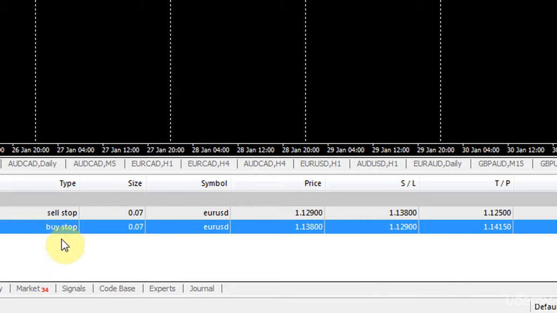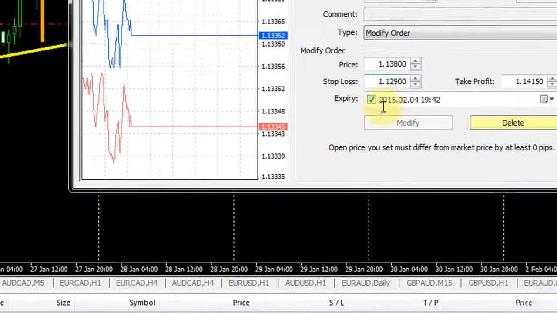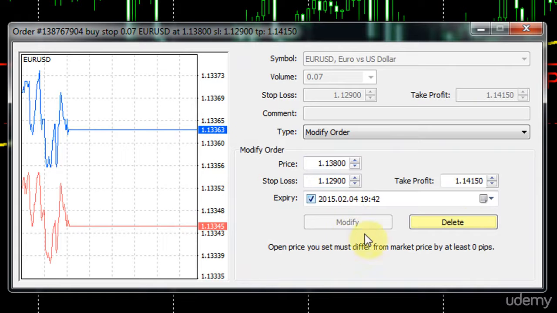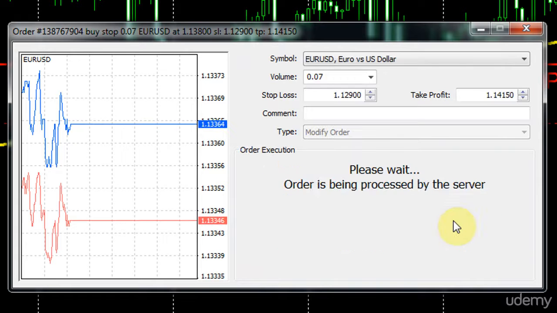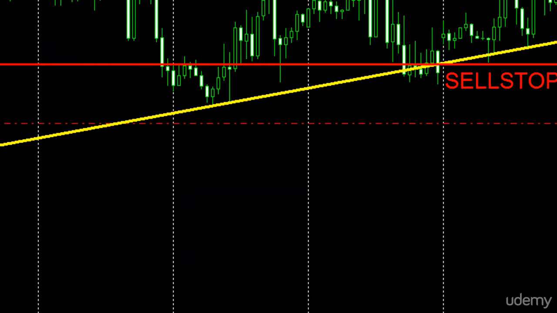So you just need to quickly double check everything here. For instance, I can see right away that I set the wrong volume for the buy stop order, and I'm just going to delete this buy stop order and reset it.